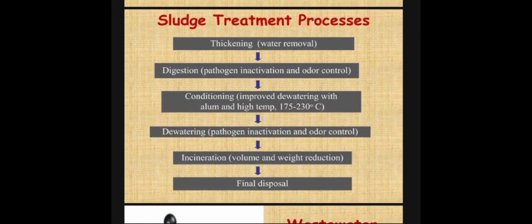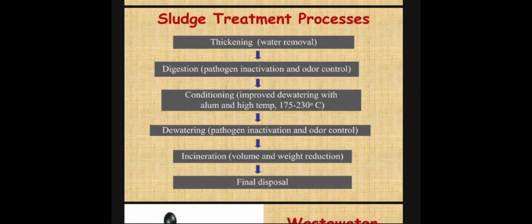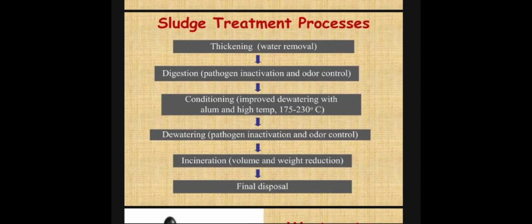Finally, what I am saying is that waste coming from households, industries, or wherever it might be, we can't dispose of in any place, whether water or a waste area, without a treatment process.